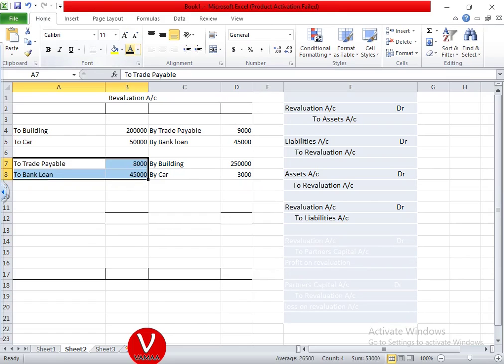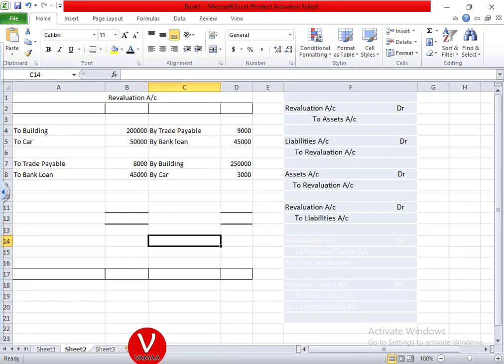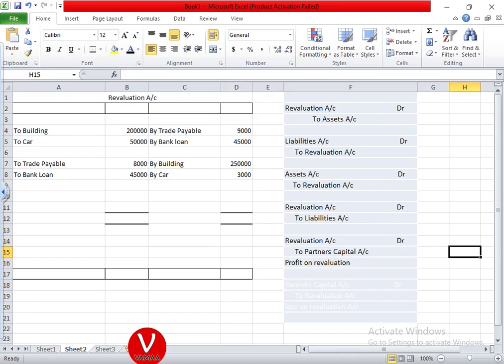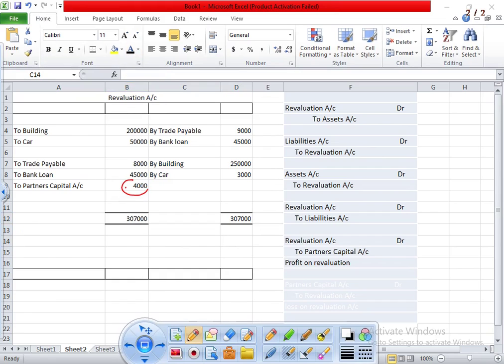Now, as we can see that there is a profit on this revaluation, the following entry needs to be made: revaluation account debited to partners' capital account, and we'll transfer this into the partners' capital account. Now, when we make a total here, the total will be the same. This is the first step. When we calculate profit or loss on revaluation, in this case, the profit we made is 4,000. This 4,000 needs to be transferred to the partners' capital account.